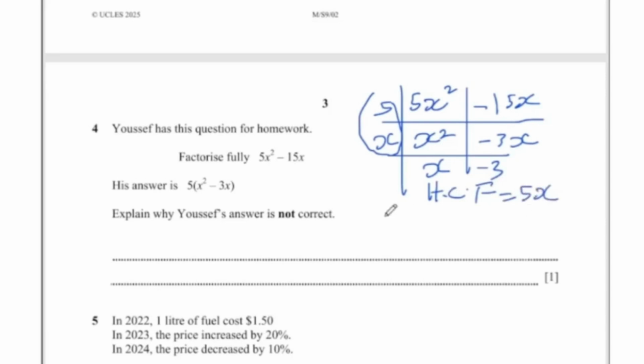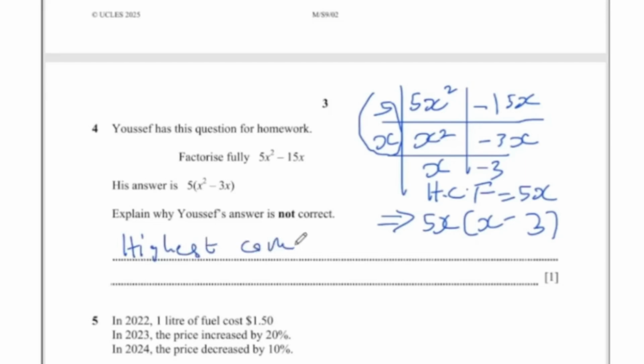So the true factorization should be 5x open bracket x minus 3. When we expand this, we should get the original expression. So how do we answer this in the checkpoint? We explain why this answer is not correct. You could simply state that the highest common factor, or the HCF, is incorrect.